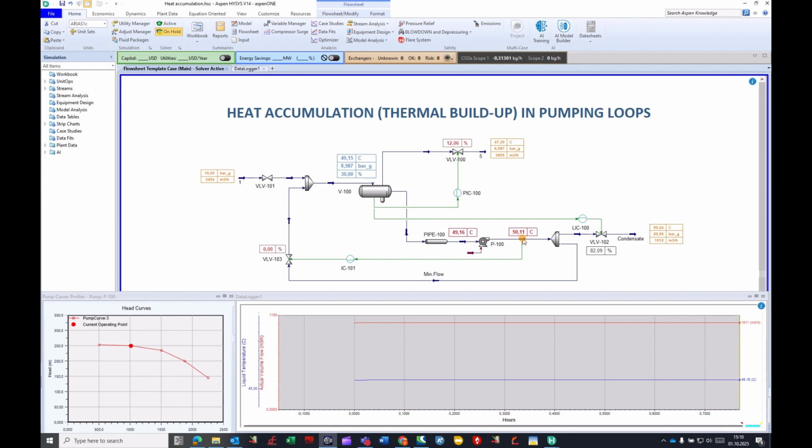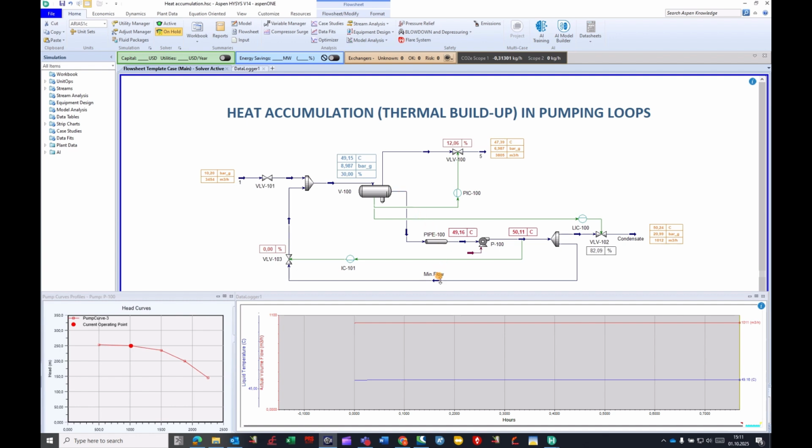each pumping cycle. So if the liquid goes forward to the downstream processes or export, then that temperature increase will not affect the loop.